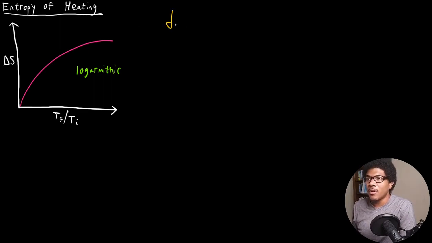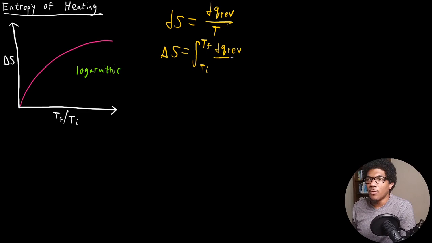If we're solving for the entropy change, we have our general equation for the entropy, dq rev over T. If we're going to integrate, we're going to have to integrate from some initial temperature Ti to some final temperature Tf of dq rev over T. Since this is not going to be isothermal, we can't just yank temperature out of the integral. So we're going to end up with a different expression.